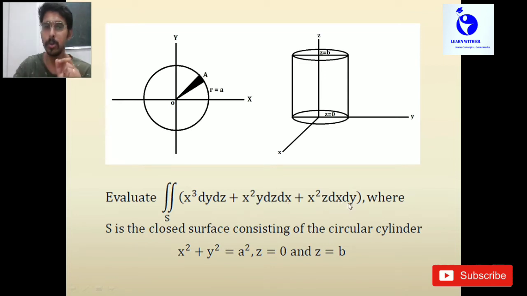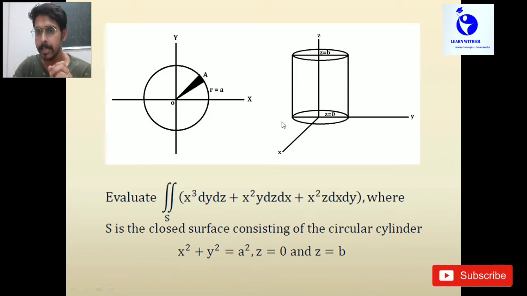That is the first clue that they have given the same pattern as that of the double integral in the Cartesian form, where S is the closed surface consisting of circular cylinder x² plus y² equals a². So this is the equation of a circular cylinder. As you can see over here, this is the particular cylinder, and the boundaries that are given are z equals 0 and z equals b.